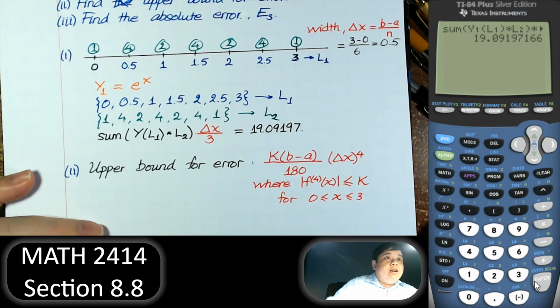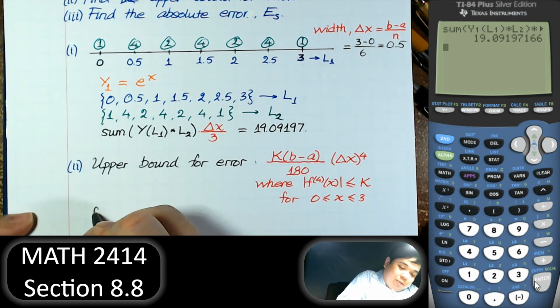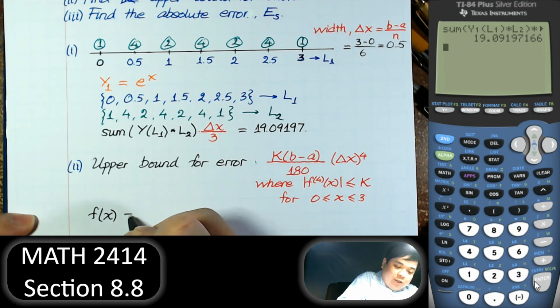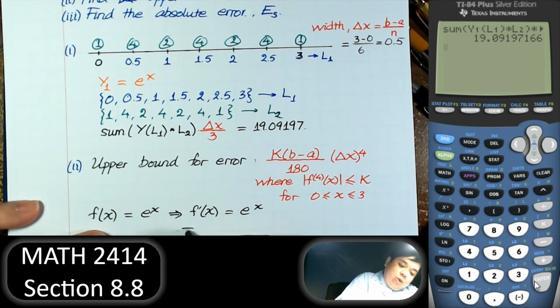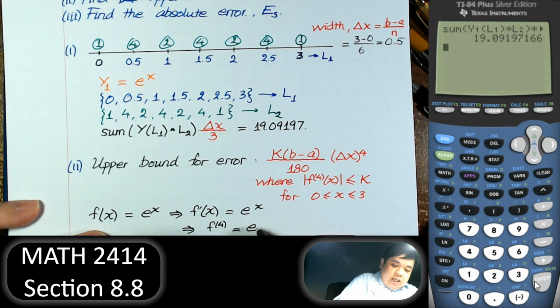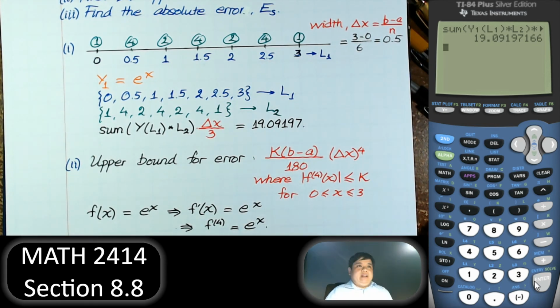First, I chose this example because we have e to the x, so the derivative is very easy to evaluate. The derivative of e to the x is also e to the x, and when we take the 4th derivative, it still is e to the x.